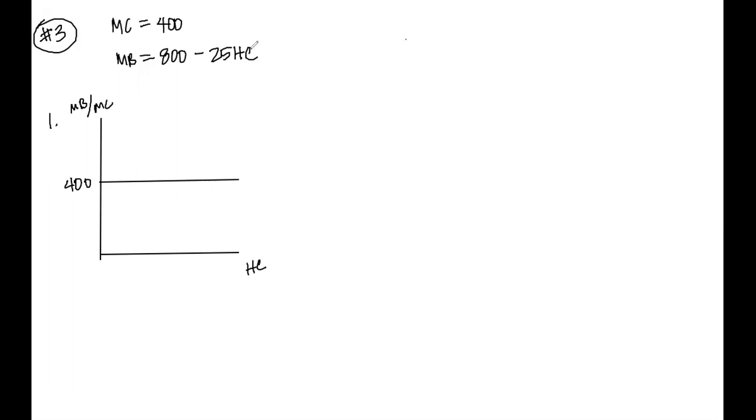So when HC is 0, MB is going to be 800. And then when MB is 0, HC is going to equal 32. I think I've said this in past videos, I think just putting zeros in is the easiest way to solve the intercepts.